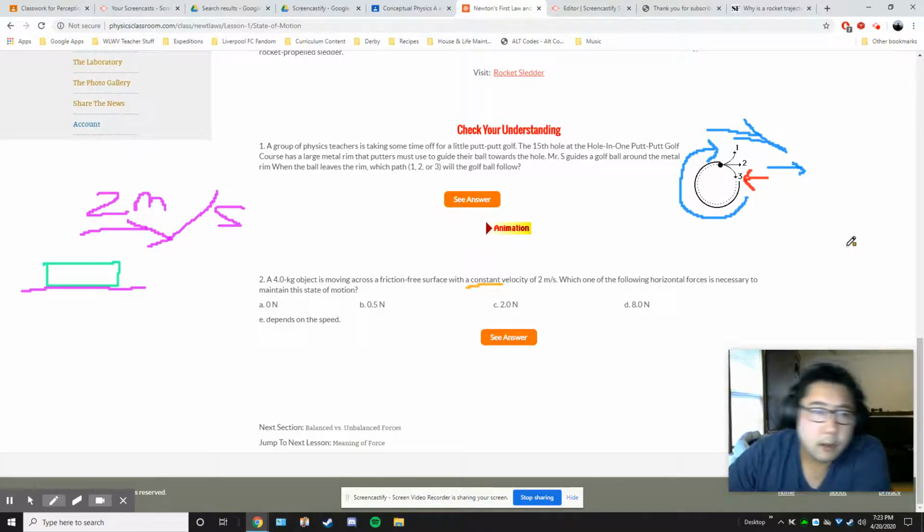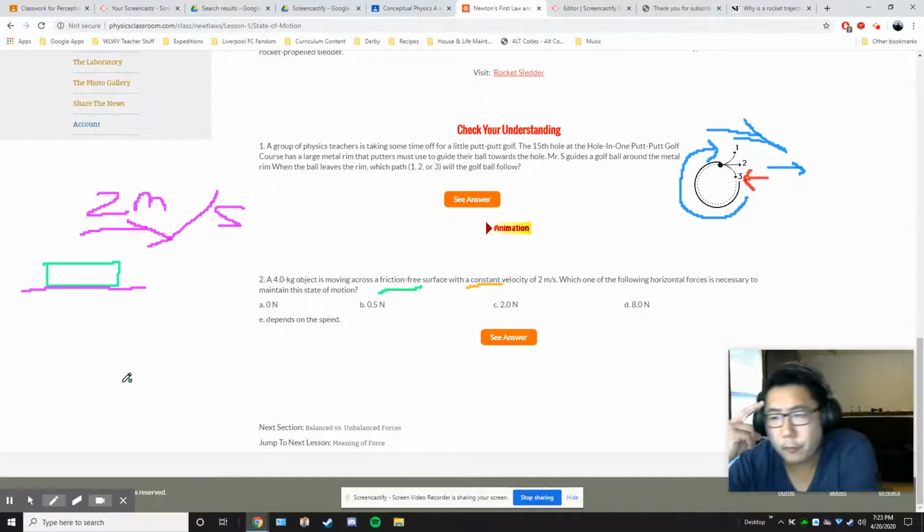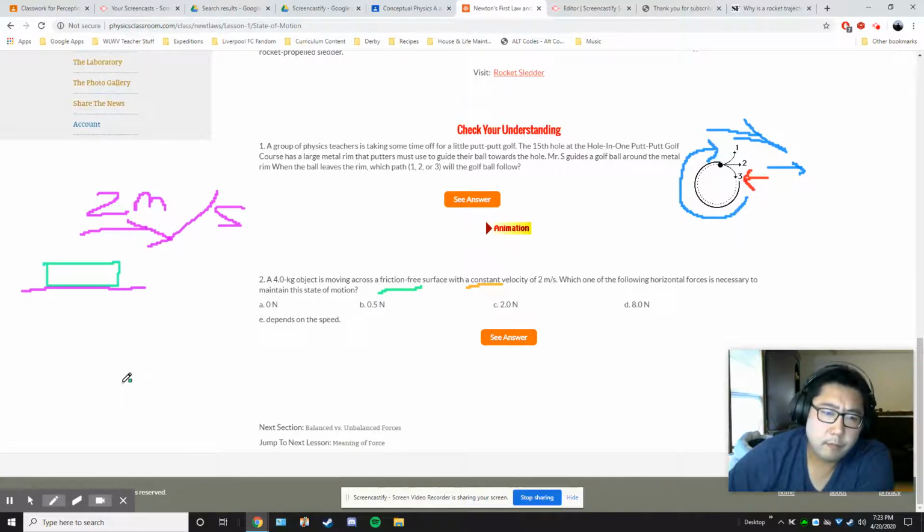Because right now, and then I'm going to highlight the most important word right here, friction free. There's no friction. So we don't have to worry about the force of friction. This object is gliding perfectly. Imagine it being in space where there is no air resistance. So you got this heavy object that's in motion. What's keeping it in motion then?